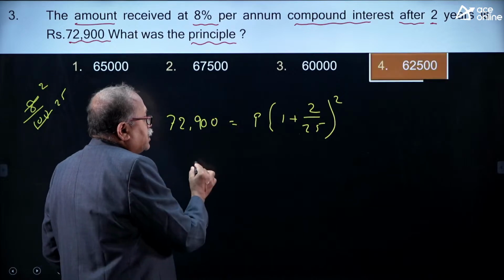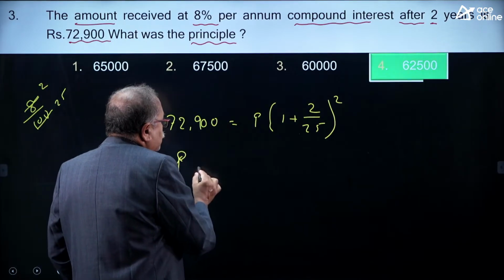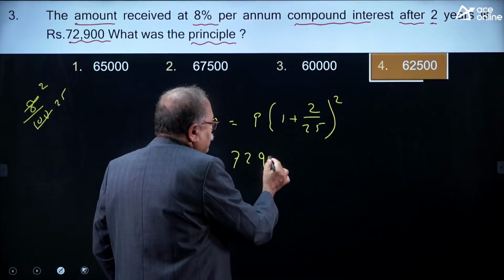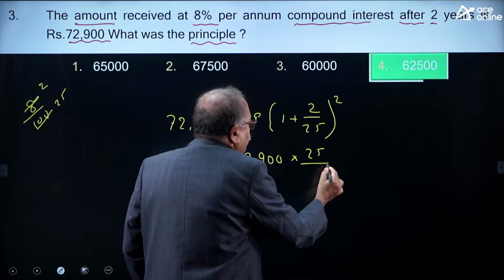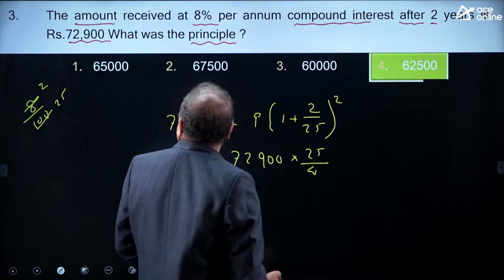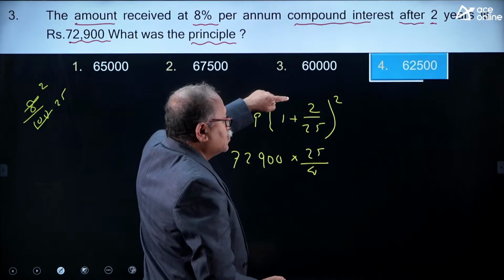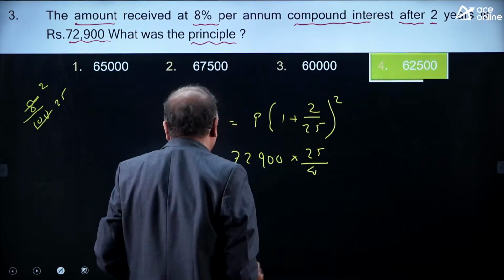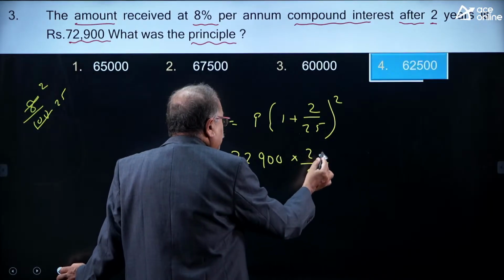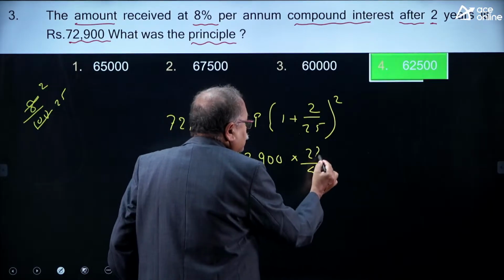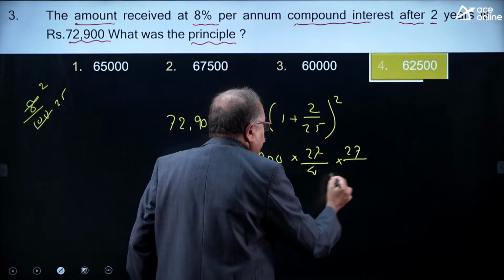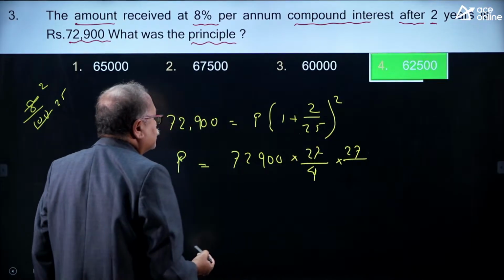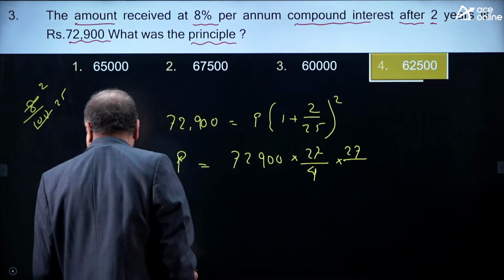So what is P? P is equal to 72,900 into 25 by 27, will it be 2 square? So 25 by 27.